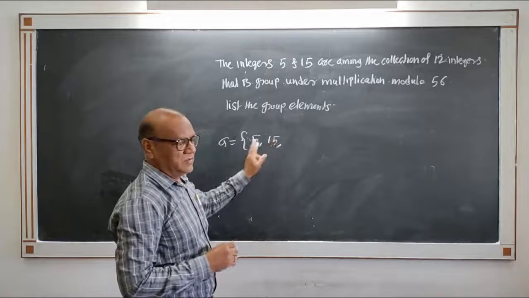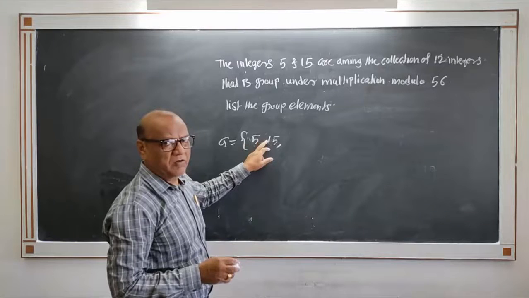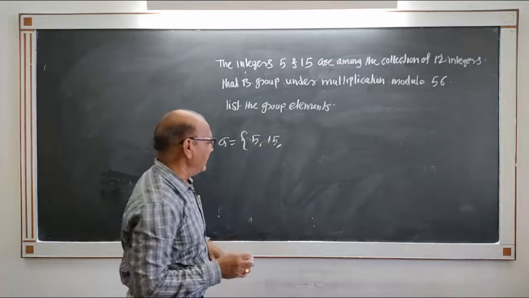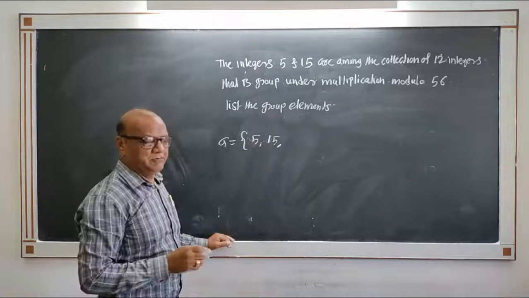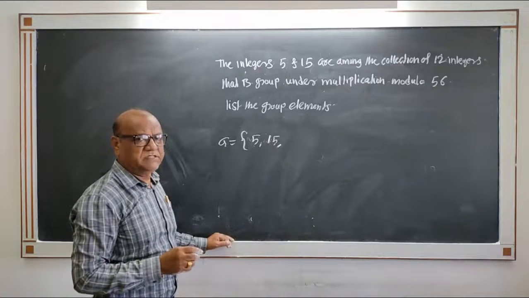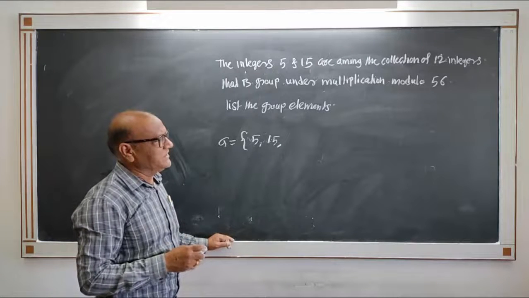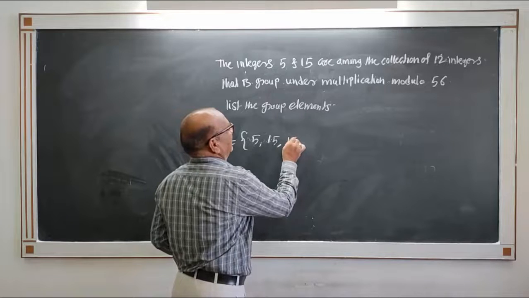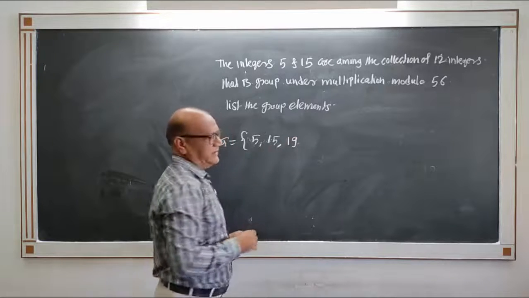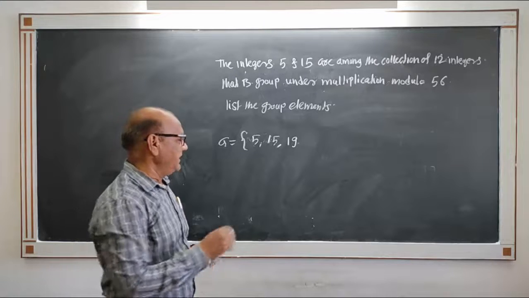Now this is a group element, so the product closure property is satisfied. The product of 5 and 15 is 75, and under multiplication modulo 56 that means 19.